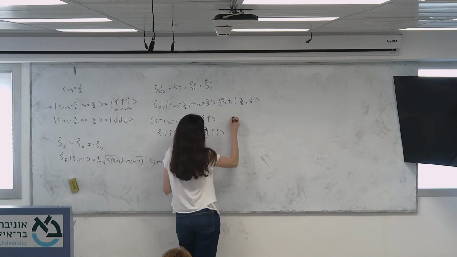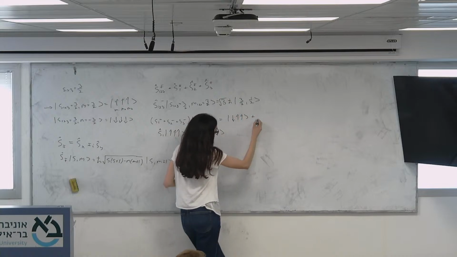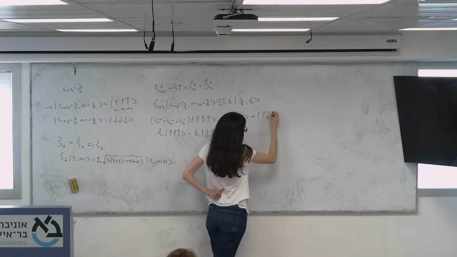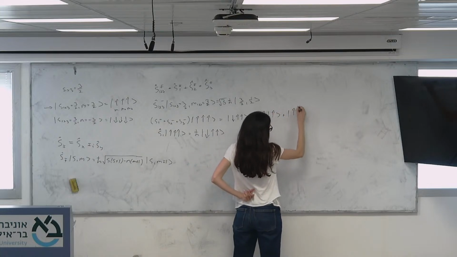So this is going to be down, up, up, plus up, down, up, plus up, up, down.